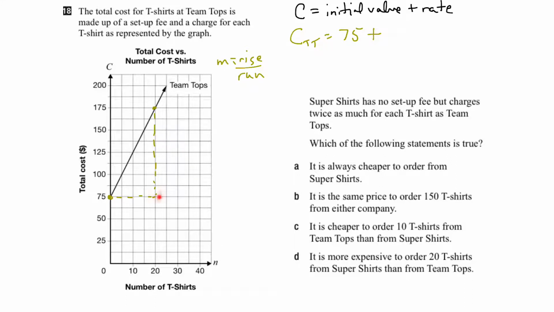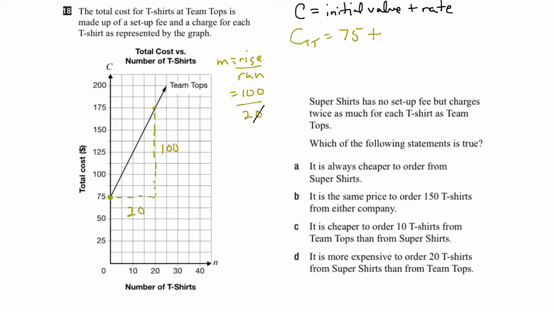So from $75 up to $175 represents a rise of 100. And from no t-shirts up to 20 t-shirts represents a run of 20.